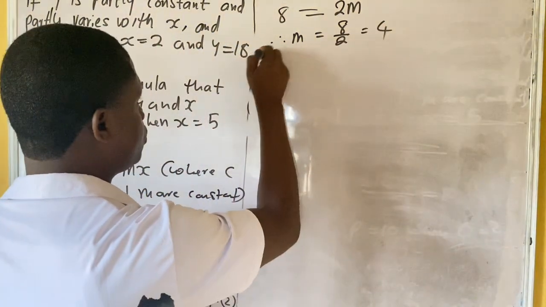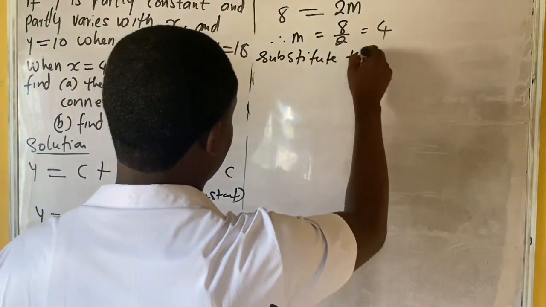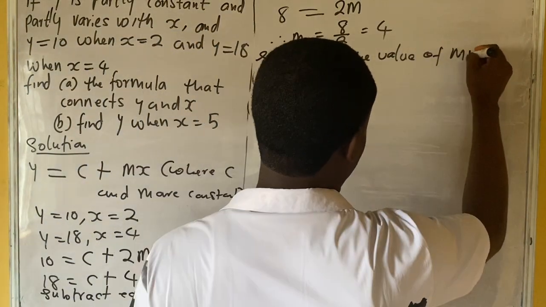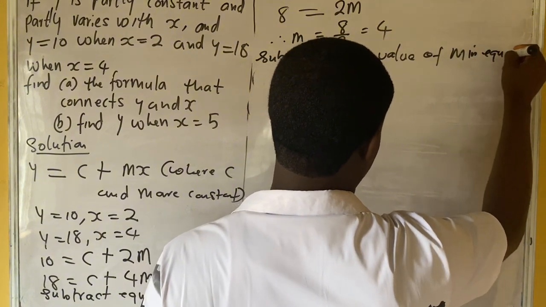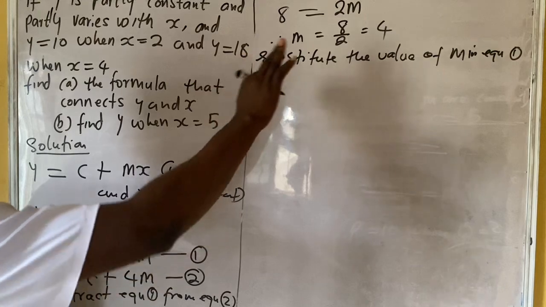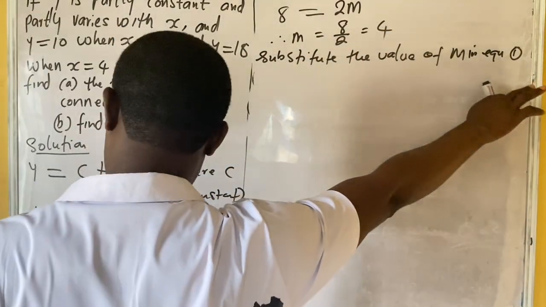So we substitute the value of m in equation 1. You can make use of any of the equations. That means that any place we see m, we replace it with 4 in equation 1.